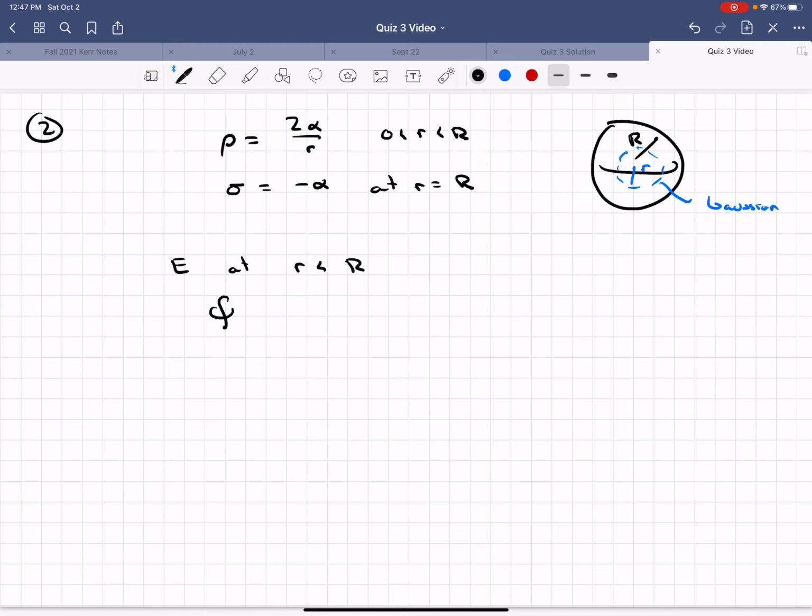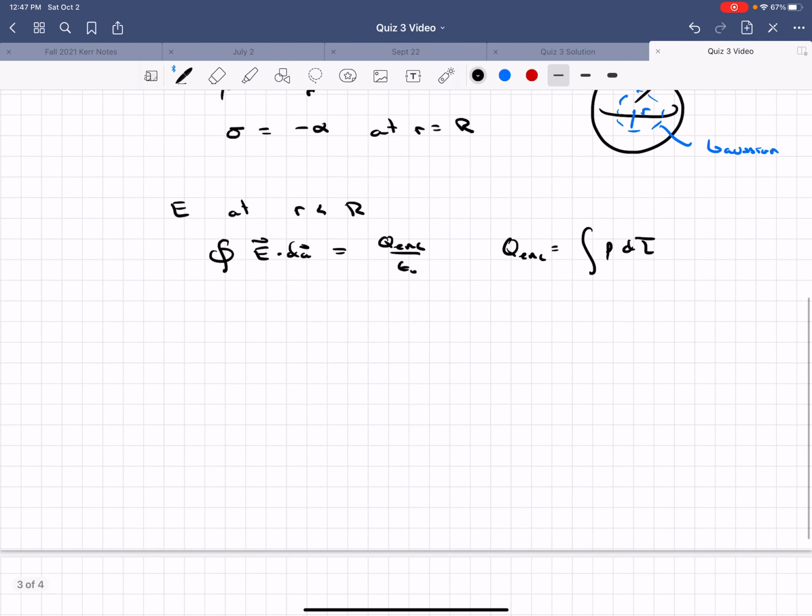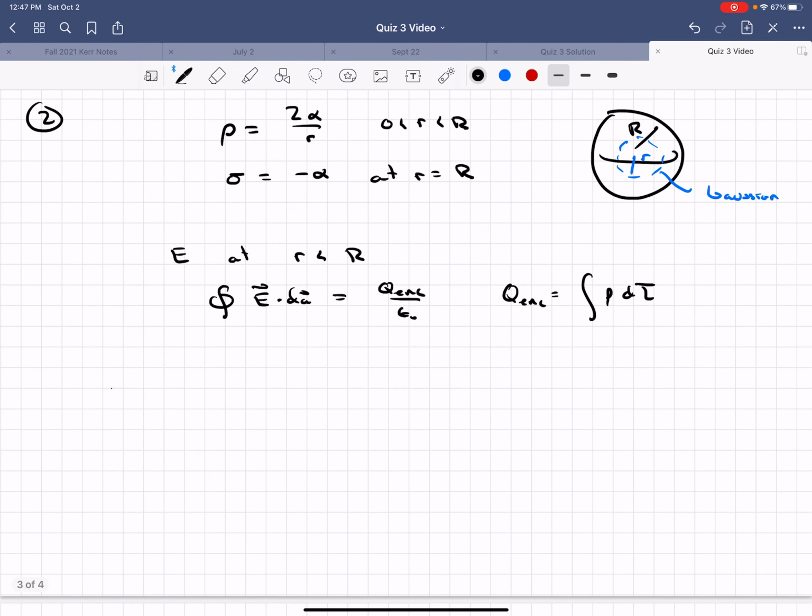The only charge being enclosed, if I have a sphere that has charge on the inside and charge on the surface, is the charge on the inside. So when I go to compute Q enclosed, I'm going to need to integrate rho d tau. My charge enclosed would be a triple integral, 2 alpha over r, d tau.